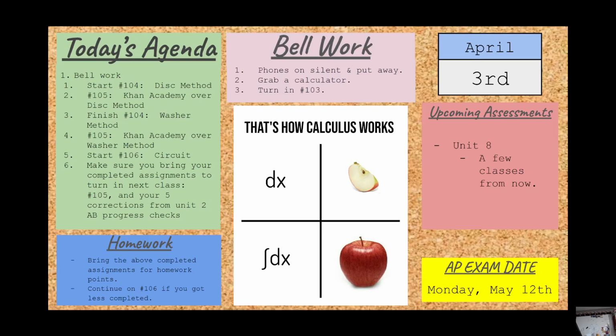Area between two curves is usually part of an FRQ. Volumes from known cross sections that we talked about last class, and then today's disc and washer method. So our 3 most recent topics are likely to be one of your 6 AP FRQs.